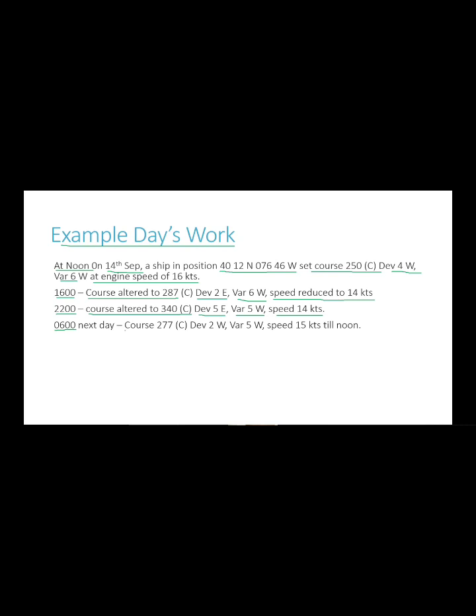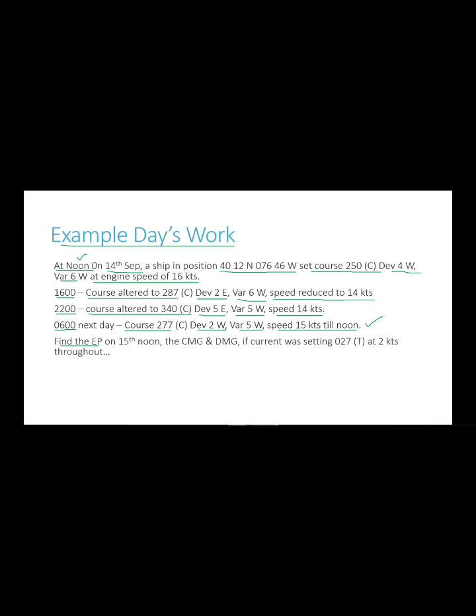At 0600, the course is altered to 277, deviation 2 degree west, variation 5 degree west, speed is 15 knots till the next day, noon. So these are all the courses and speeds maintained by the ship from one day noon to the next day noon. So this is how the question will be given to us in a text format.